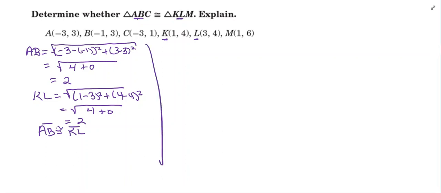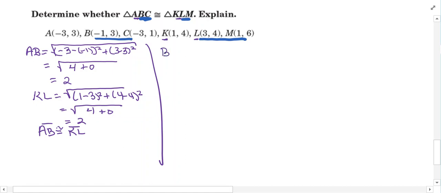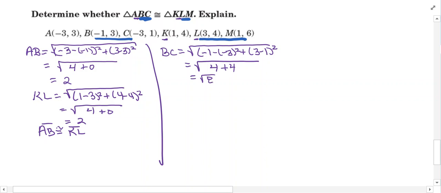The next set that we have to look at would be BC and LM. The length of BC would be -1 minus -3 squared plus 3 minus 1 squared. -1 plus 3 would be 2 squared, which would give us 4. 3 minus 1 is 2 again, which would give us 4, so we have the square root of 8.